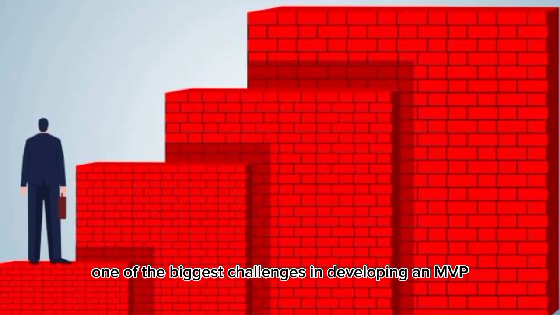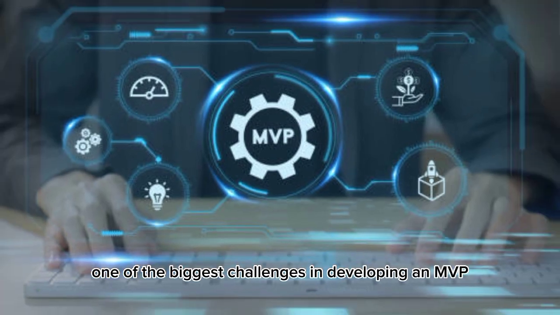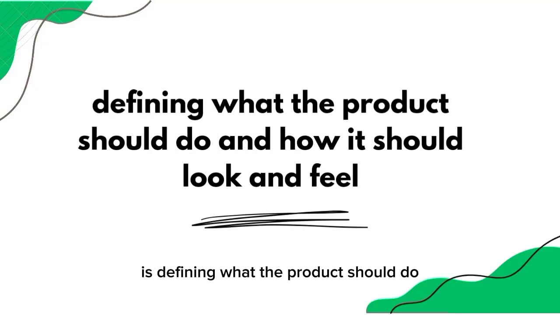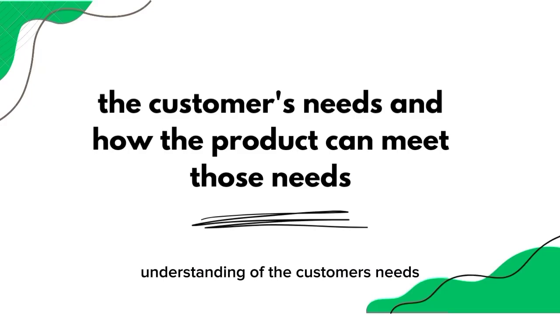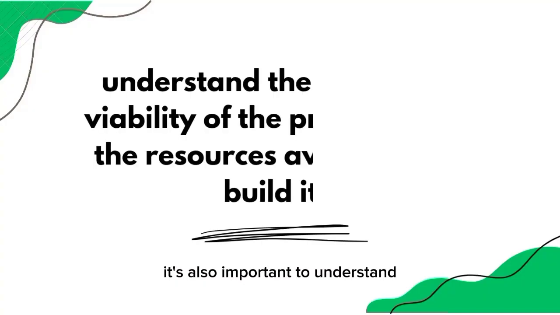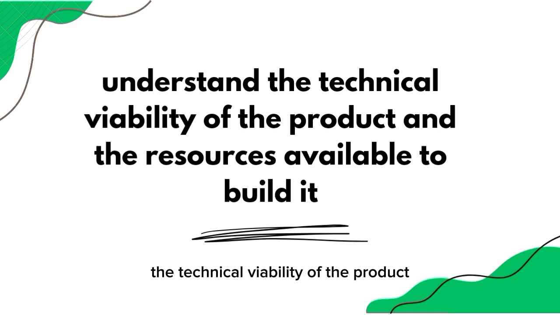One of the biggest challenges in developing an MVP is defining what the product should do and how it should look and feel. This requires a deep understanding of the customer's needs and how the product can meet those needs. It's also important to understand the technical viability of the product and the resources available to build it.